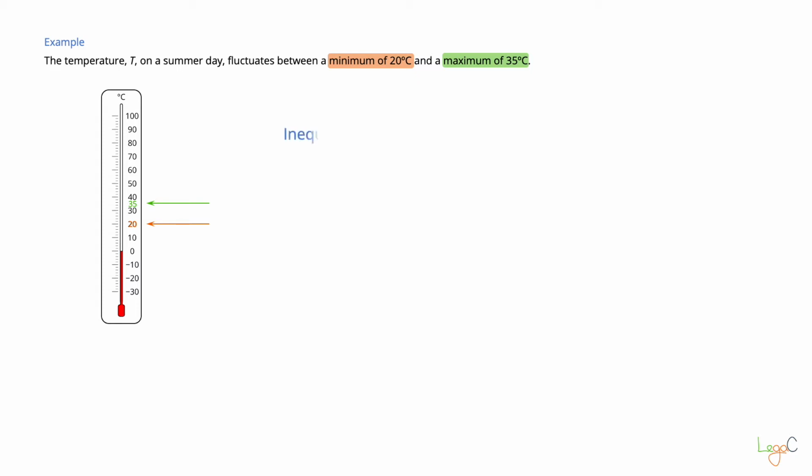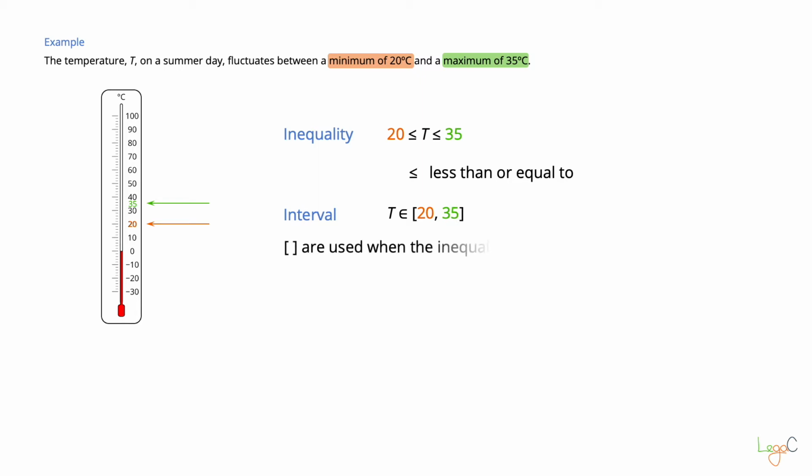As an inequality, we can write this as 20 less than or equal to T less than or equal to 35. As an interval, we can write this as T is an element of the closed interval 20 to 35. The square brackets are used when the inequality symbol contains or equal to.